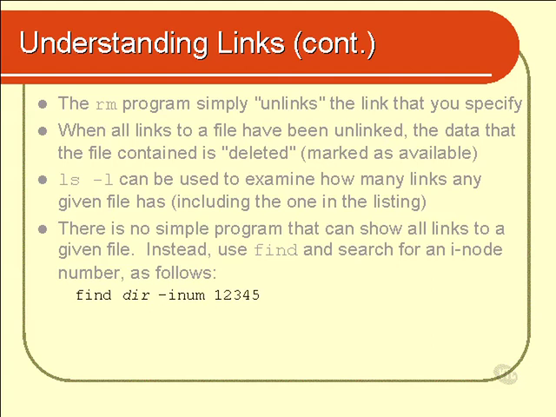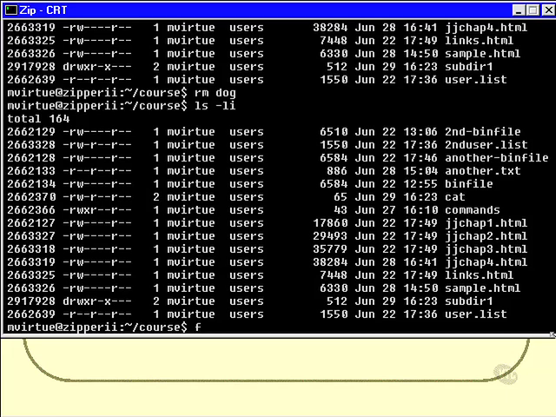So let's have a look at an example of that. So I might type find and then /. Now I don't really want to search in the entire Unix file system because that would probably take me a quarter of an hour or something, so I won't. I'll just search in the current directory because I do happen to know for a fact that all the links to that particular file are in this subdirectory.